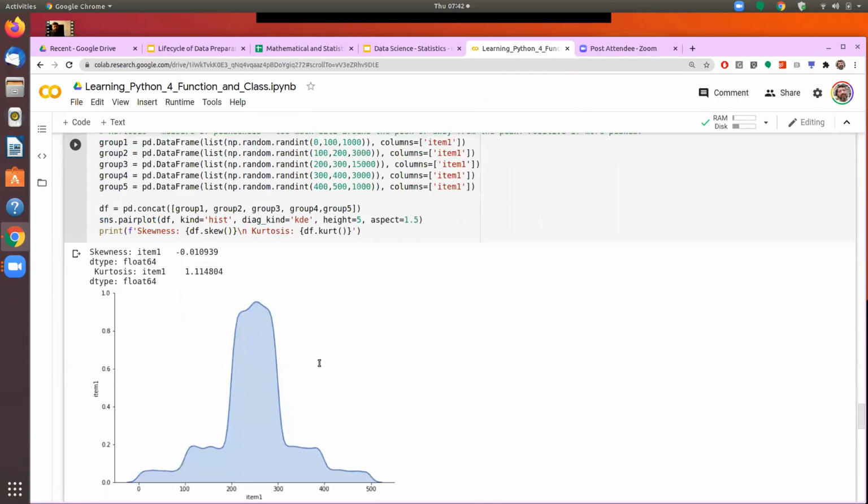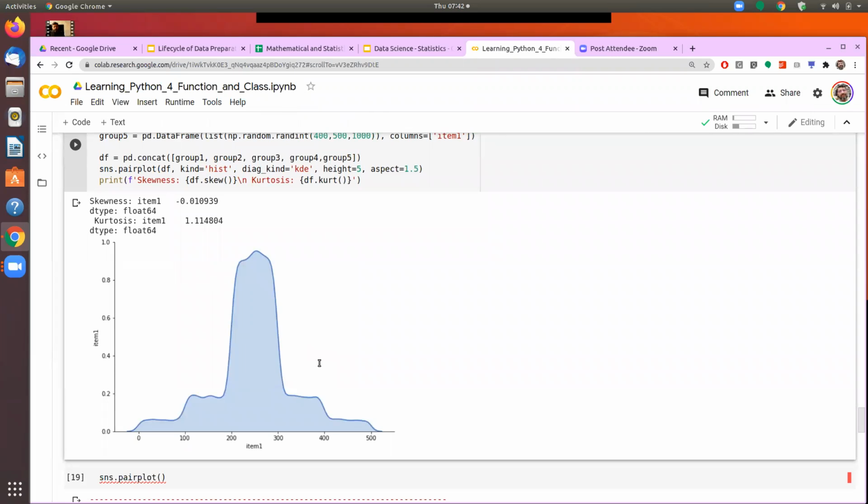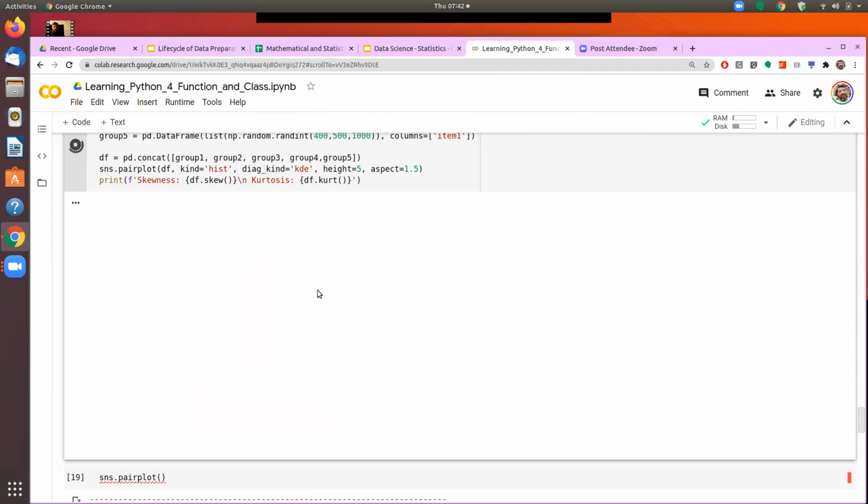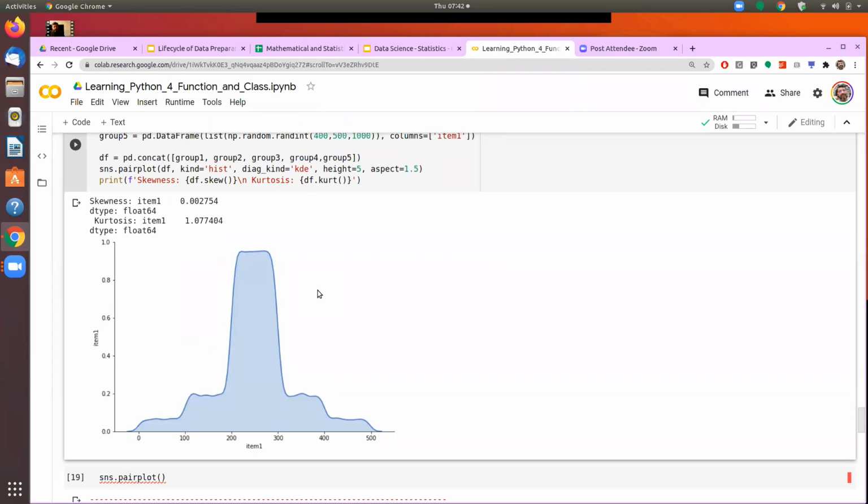So I have taken one data set, as you can see here, as we will run this once again. Now, this data set we have got, and you can see that it has a very sharp peak. So a large majority of my observations, a large majority of my data elements are around the peak itself, and there are very few which are away from the peak.